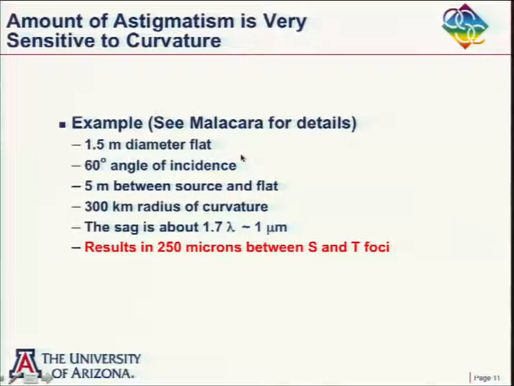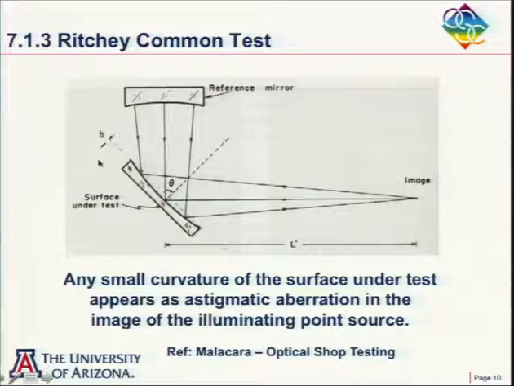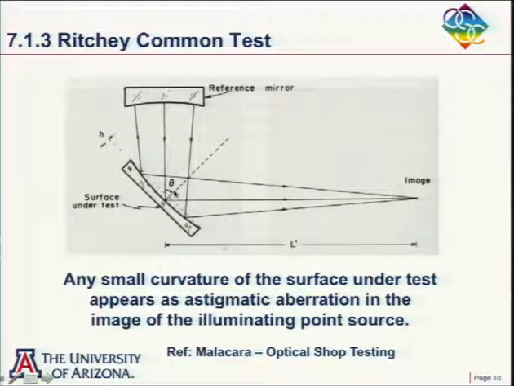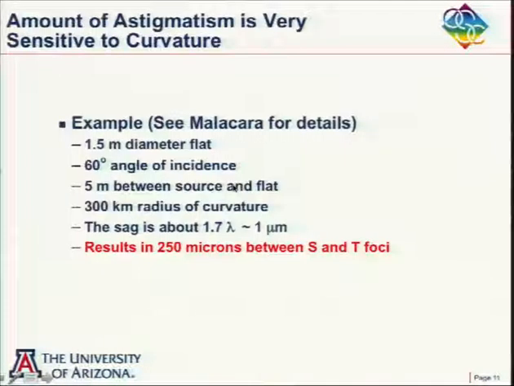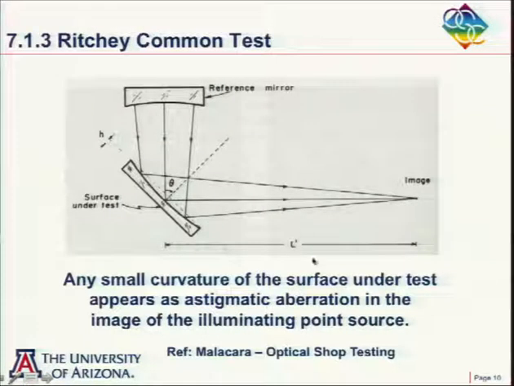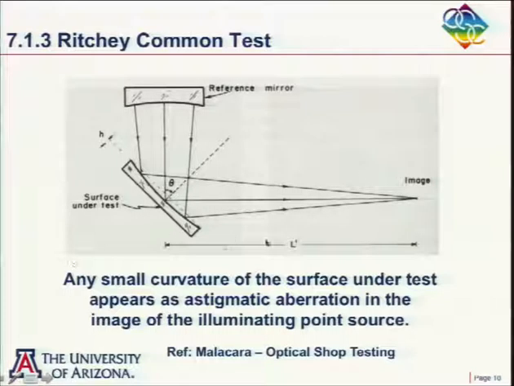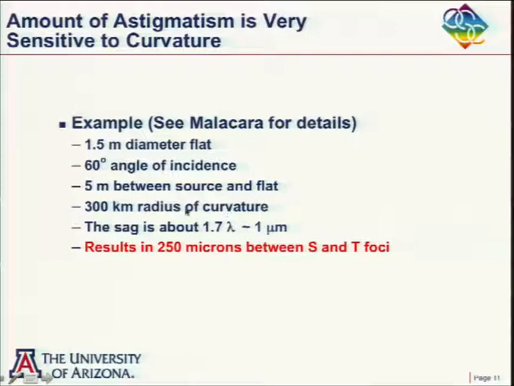Let's say I have a flat that is 1.5 meters in diameter, and let's say I do it at a 60-degree angle of incidence. That turns out to be pretty high sensitivity. So I'm going to make this angle of incidence here be 60 degrees. And let's say there's 5 meters between the source and the flat. That's maybe not so critical, but 5 meters here.